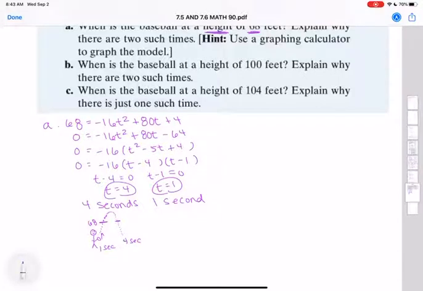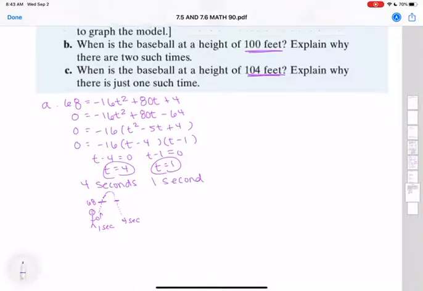All right, hopefully that makes sense. Let's try part B. And again, if you struggled with this and if you didn't get part A, now would be a good time to hit pause and try to do B and C, because they should be exactly the same. It's just plugging in 100 feet and 104. Okay, so hit pause and work on it. I'll go ahead and work on it while you're working on it.